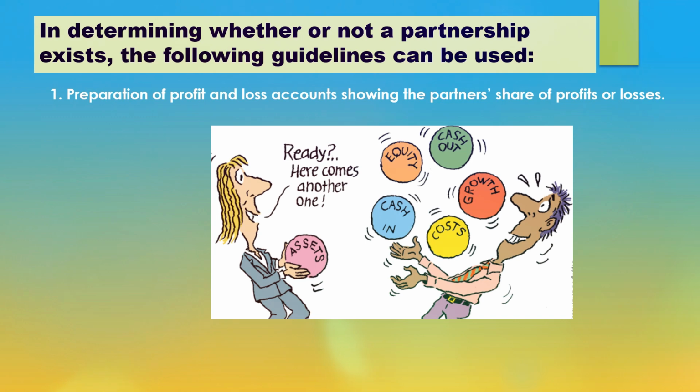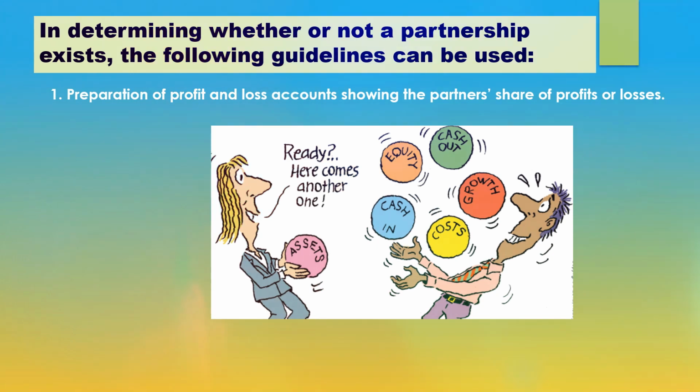Okay, to determine whether or not a partnership exists, the following guidelines can be used. Number 1, preparation of a profit and loss account showing each partner's share of profit or losses.